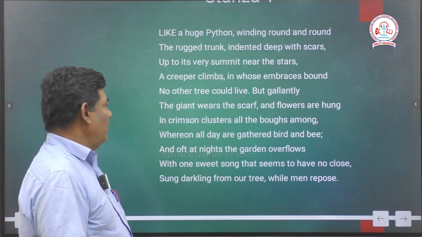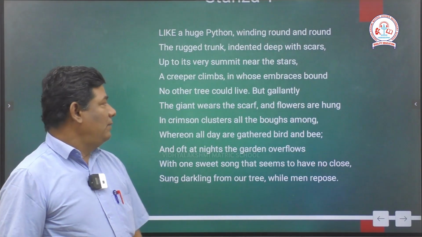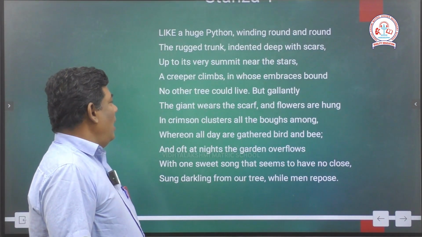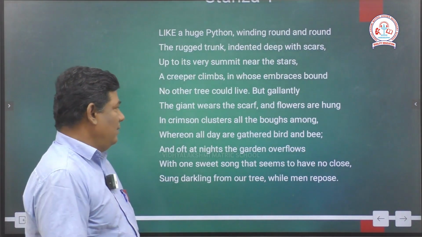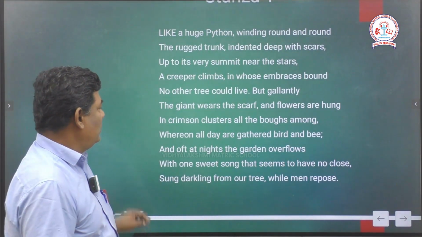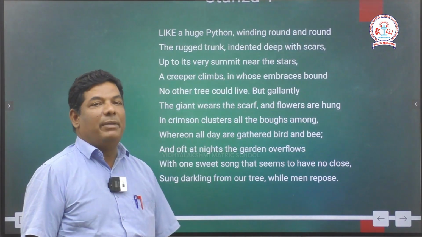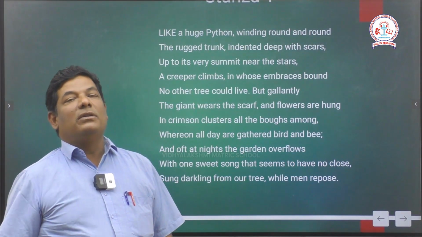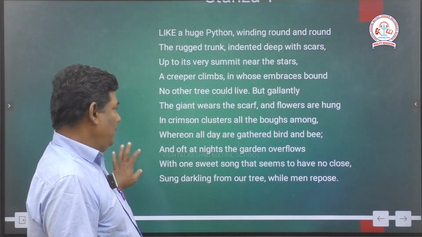Crimson is a deep red color. The flowers on the Casuarina tree are crimson in color, and the boughs are the branches whereon all day gathered birds and bees. So many bees and birds are there all day in the tree.